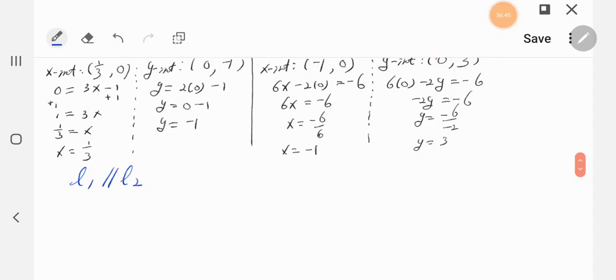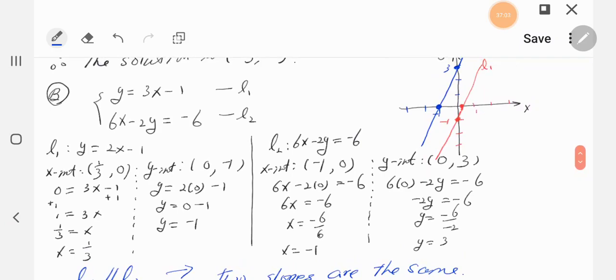Okay, let's check. If two lines are parallel, then this means the slopes are the same, right? Let's check the slope of the second line. The slope of the first line is what? 3, right? So the slope of the first line is 3.